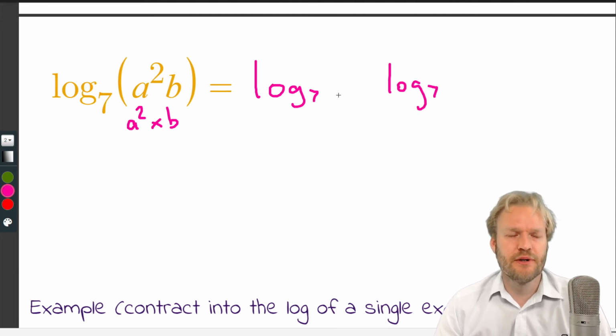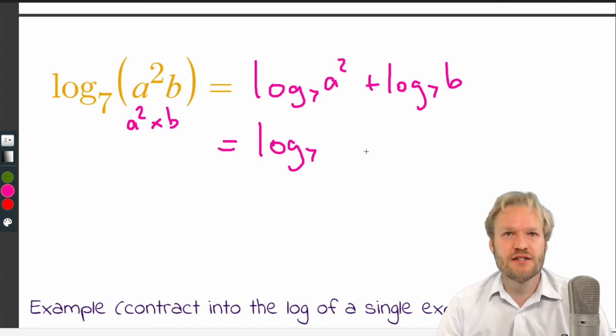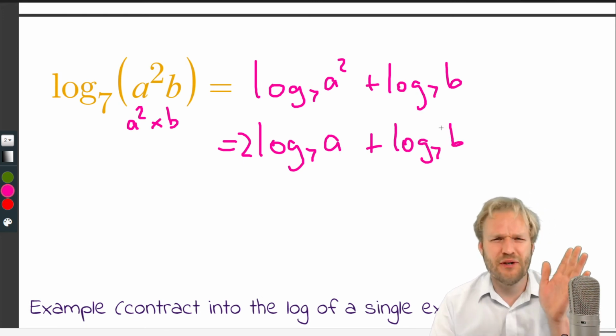Log base 7, we've got a squared times b. So a squared, we're going to add. This bit here, we've got a power to a power. So we're going to go, okay, log base is going to stay the same. We're going to take the power off a and multiply. Power to a power, we multiply. And the second bit's going to stay the same. Okay, how's that? Not too bad.